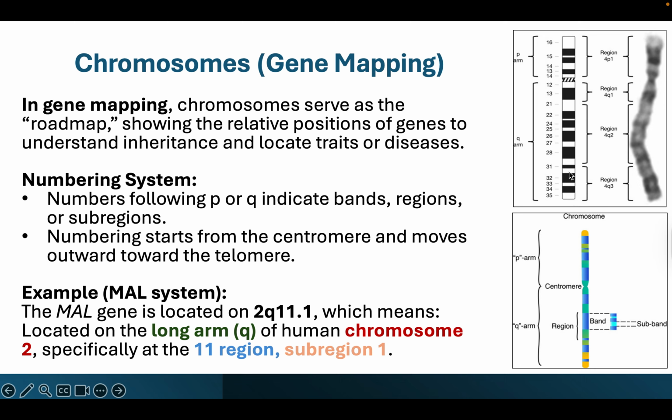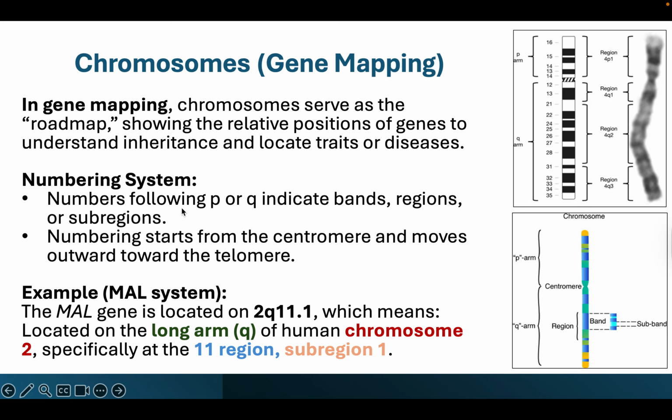Each one we call a band or region, and this region we can subclassify again to have subbands or subregions, as you can see in the lower image. So why is this important? Gene mapping: chromosomes serve as a road map showing the relative positions of genes, to understand inheritance and locate a trait or disease.